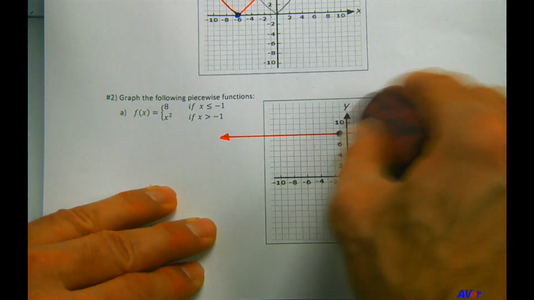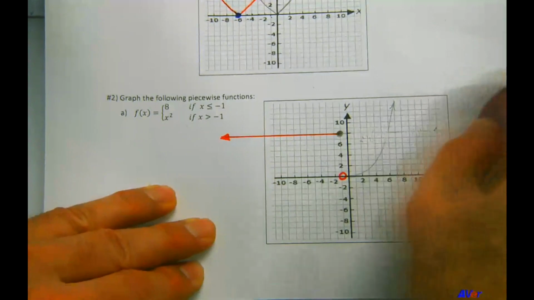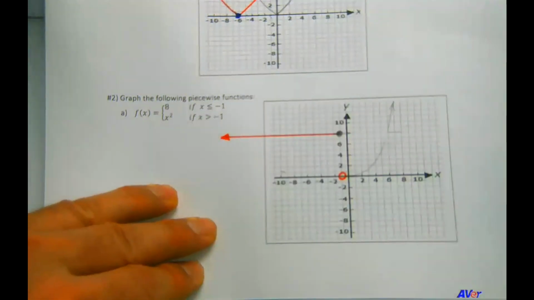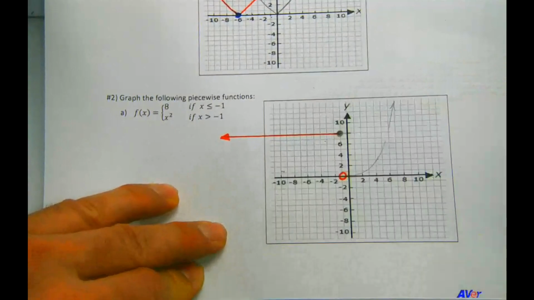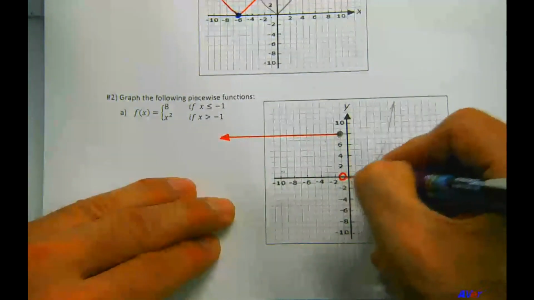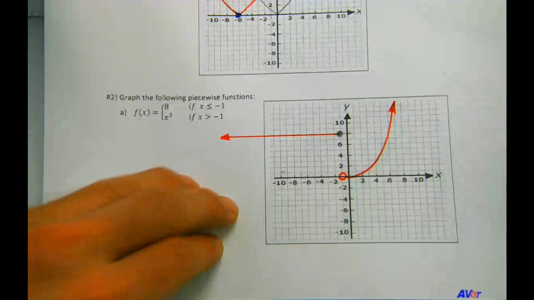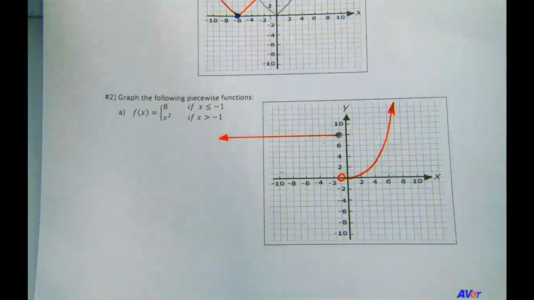So I'm going to erase everything else, that horizontal line, which continues on the other side, like that. And I'm going to darken this piece. Like that. And that's the graph of that piecewise function.